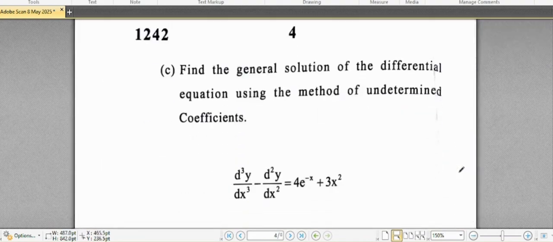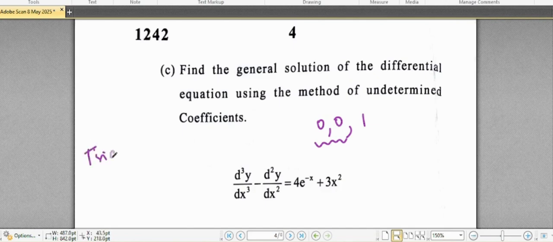The next question, as expected, every time in this part you will get one question from undetermined coefficients and one question from variation of parameters. So this is a question from undetermined coefficients, for which you will first calculate YC. The roots of the characteristic equation will be 0, 0 and 1, and therefore it's not a standard case, it's a special situation where your trial YP will be modified.